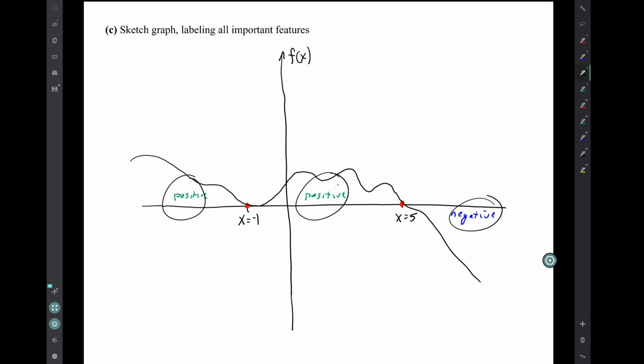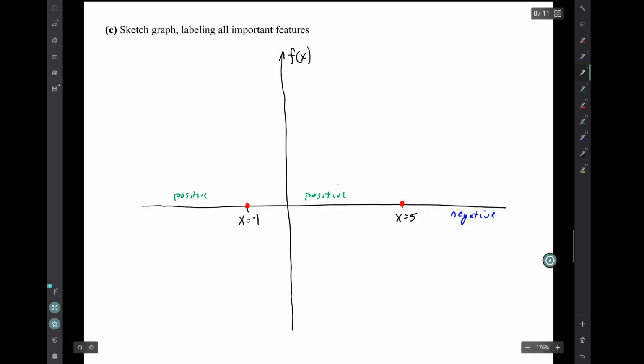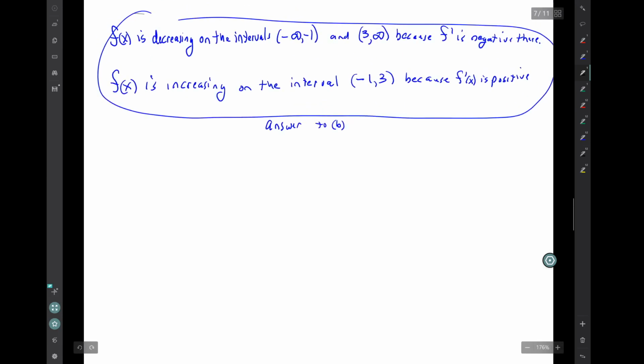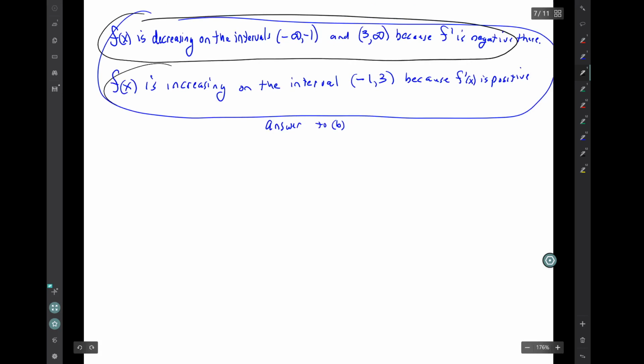So let's get rid of this hand-drawn sketch right now, and let's go on and get our information from question B. From question B, we know that f is decreasing on these two intervals and is increasing on that interval.